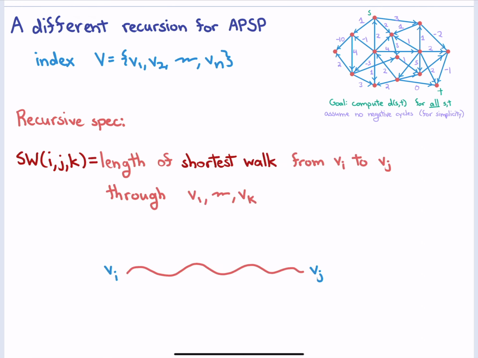I'm going to think about going from Vi to Vj, but instead of counting the number of edges I use along the way, I'm going to limit the vertices I'm allowed to use in between. So S(i,j,k) will be the length of the shortest walk from Vi to Vj, only going through vertices V1 through Vk.